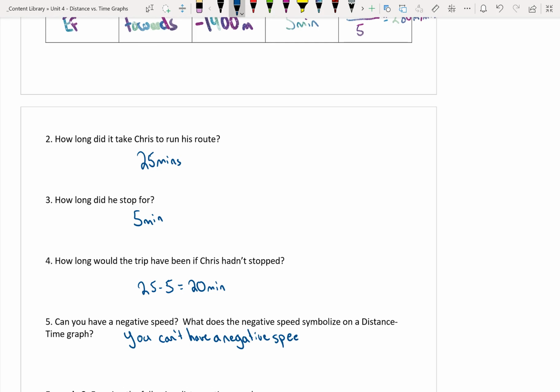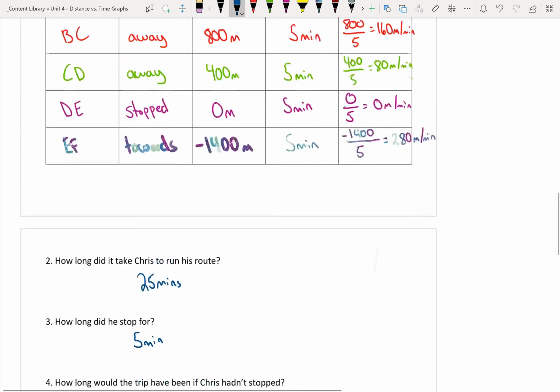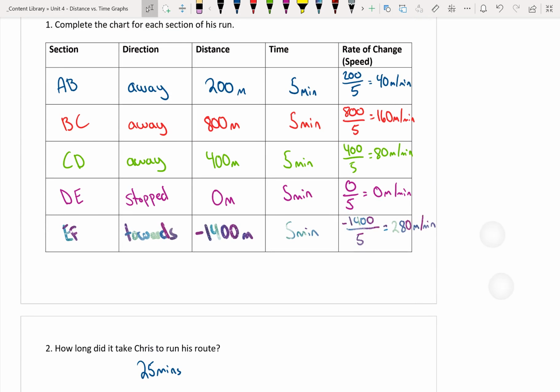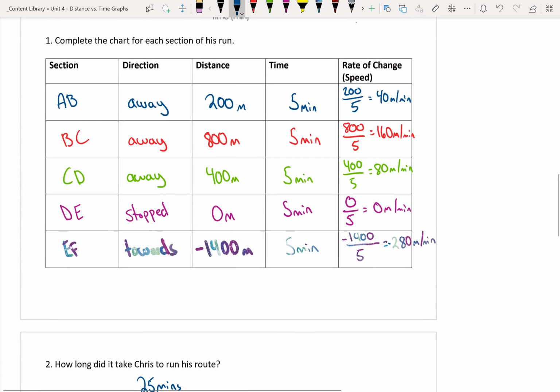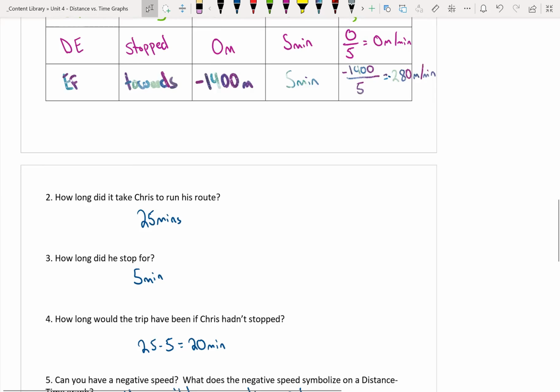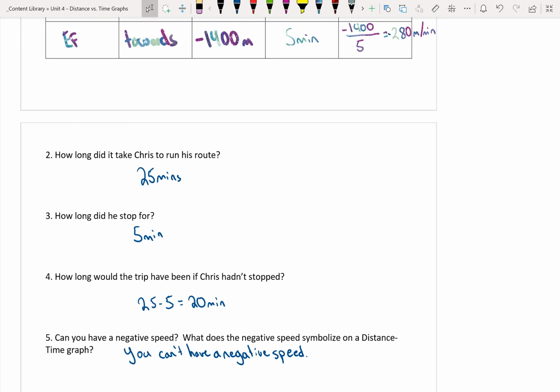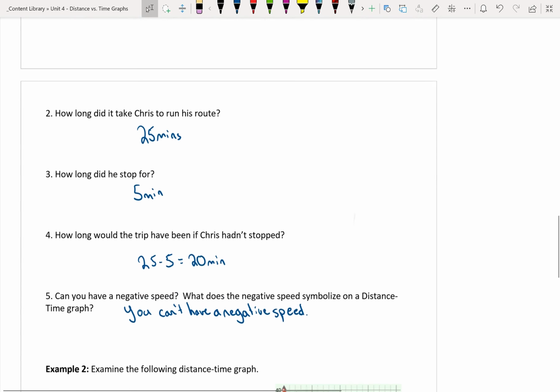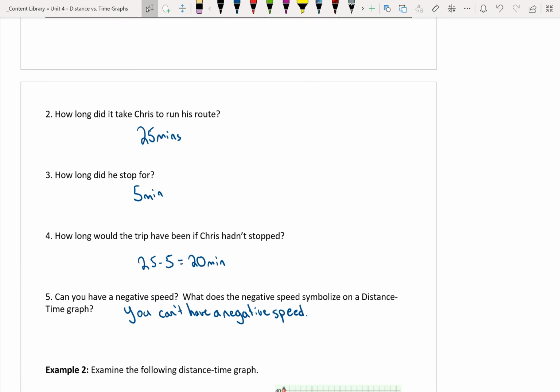However, if we look back at our table, we can see that our last speed is negative. It is negative 280 meters per minute. So we have a negative speed there, but we've just said that we can't have a negative speed. So what does that negative speed symbolize on a distance time graph? What it symbolizes is the direction.